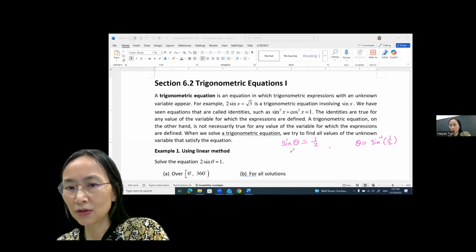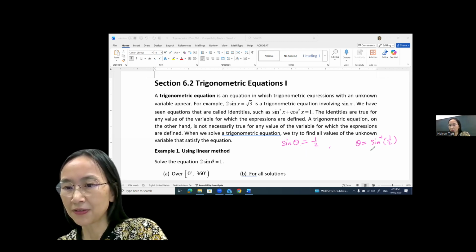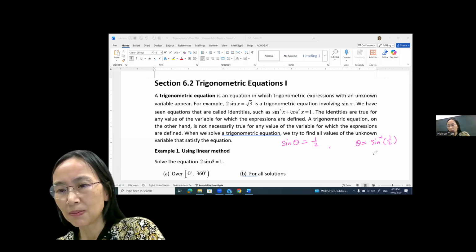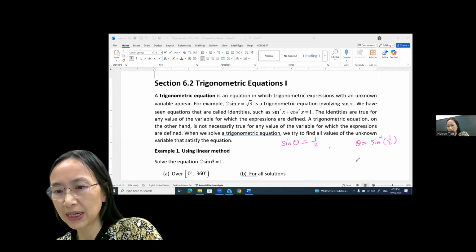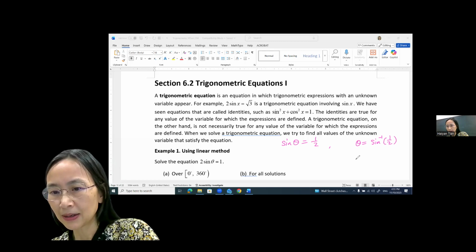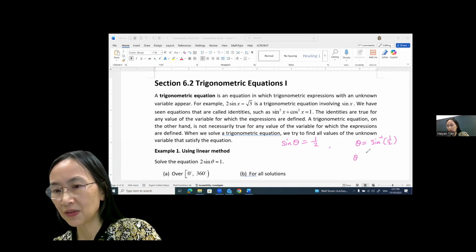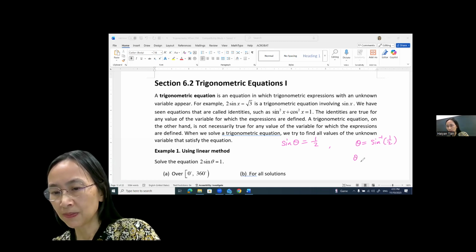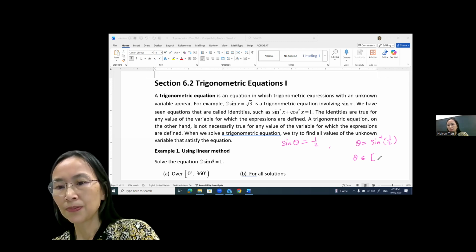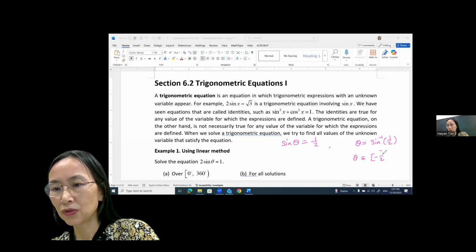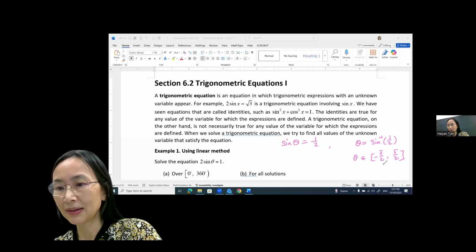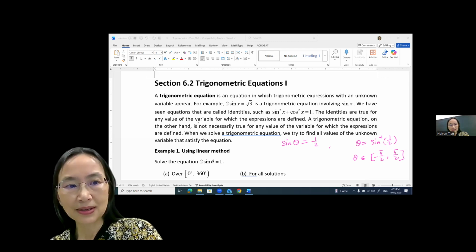Theta is such a theta whose sine value is half, right? But in this way, we can only find theta in what range? Because sine inverse has a range in the interval from negative half of pi to positive half of pi. So we can only find a theta in this range if we use sine inverse.